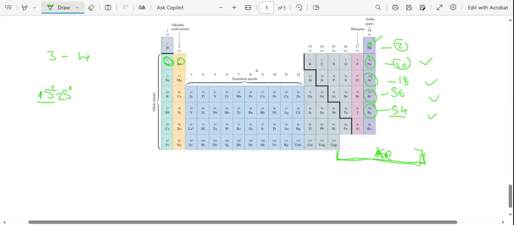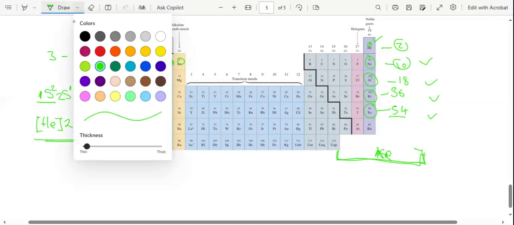Helium has just 1s2. So here I'll put helium, then I'll put 2s1. So this is the noble gas configuration.